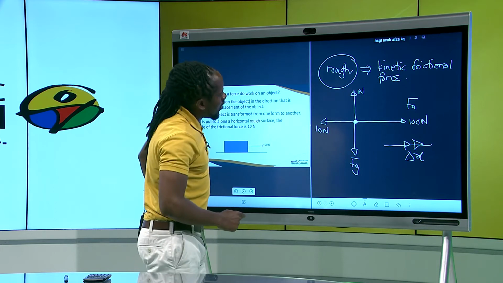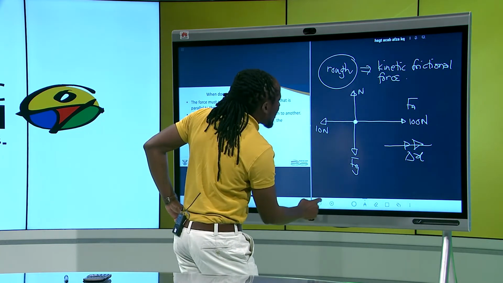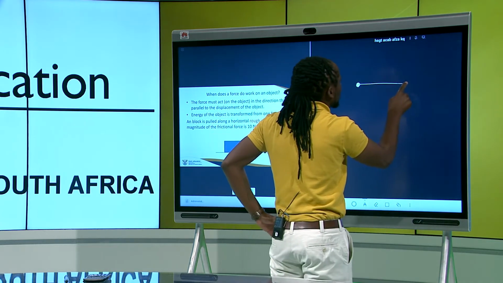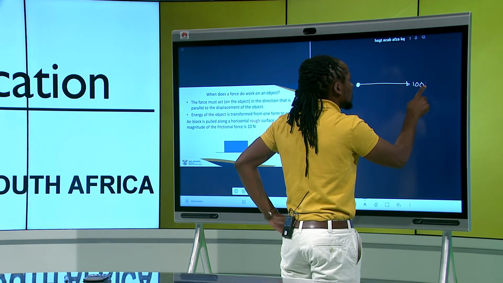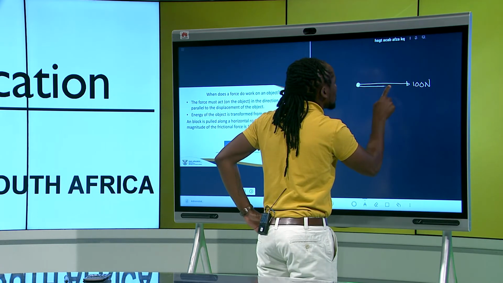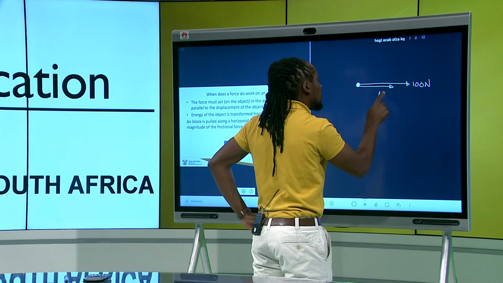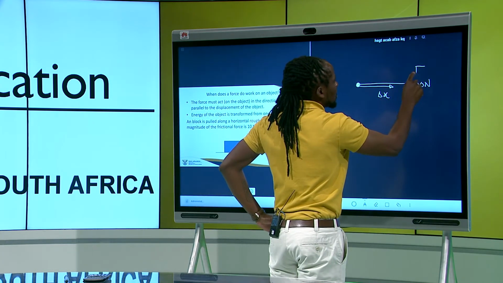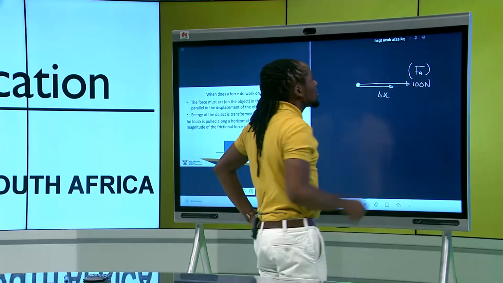displacement. Now, you'd realize that if we can get another clean sheet, then we've got the 100 newtons, which is the actual force. And then this is the direction of displacement. Now, you'd realize that the applied force as well as the displacement are actually in the same direction.